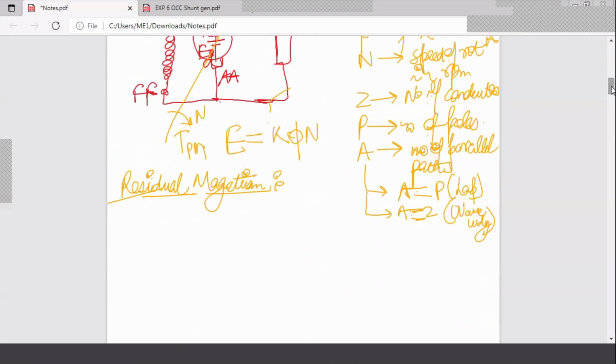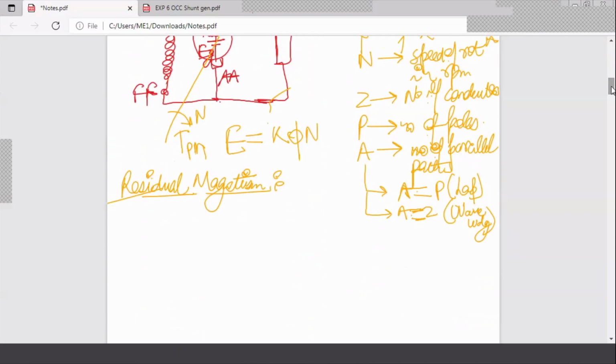That means there will still be some magnetic flux left even after removing the field voltage. That is known as the residual magnetism, and this is the property of magnetic materials. Depending upon the material, different materials will have different residual magnetism.